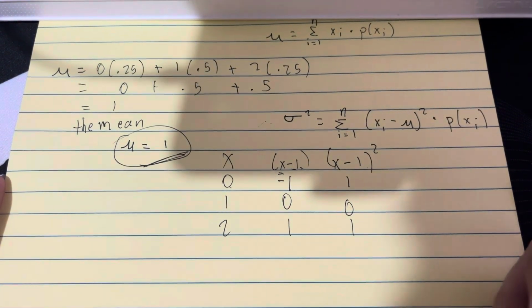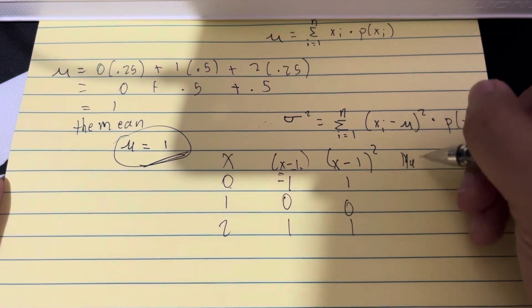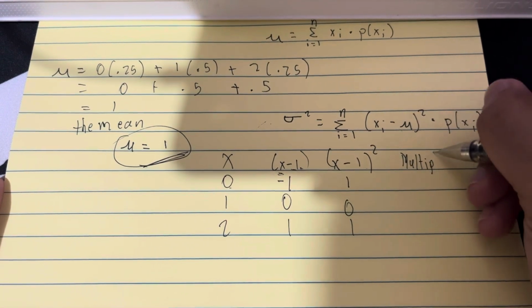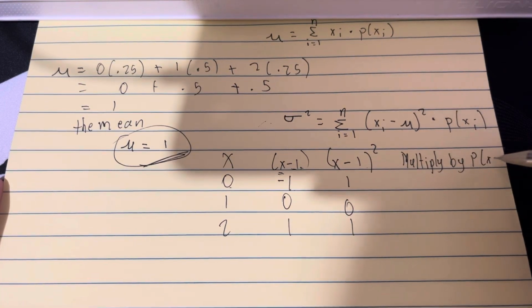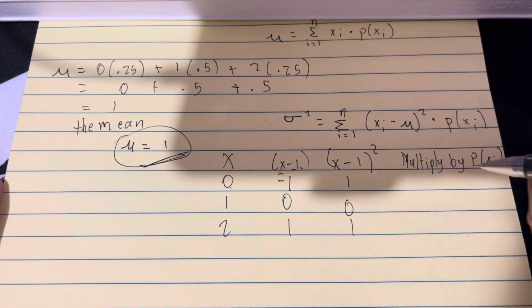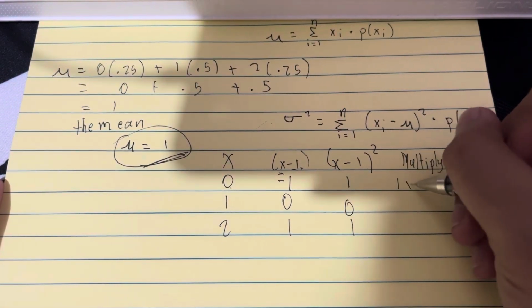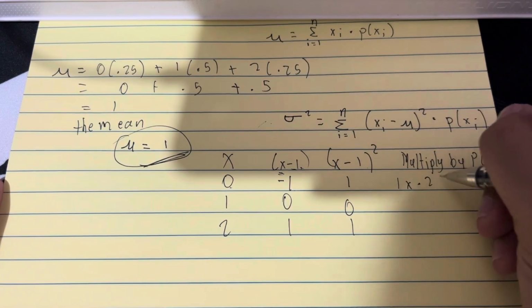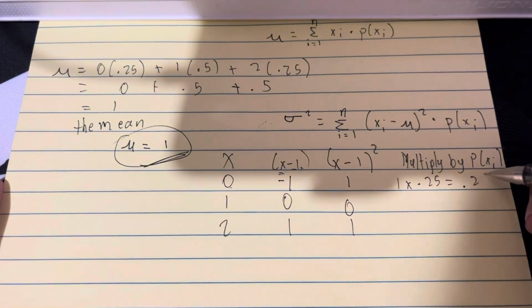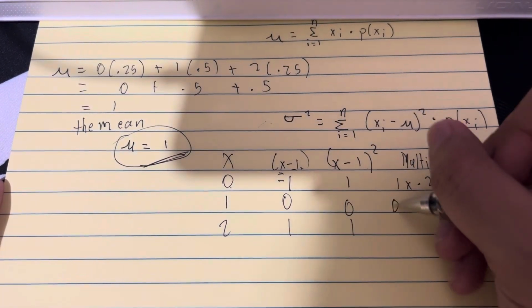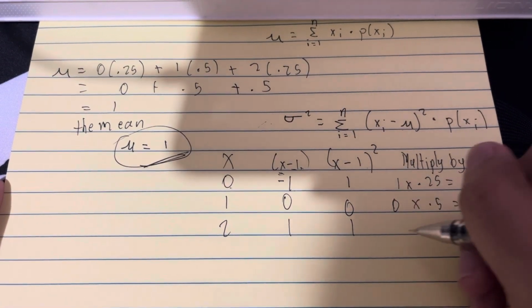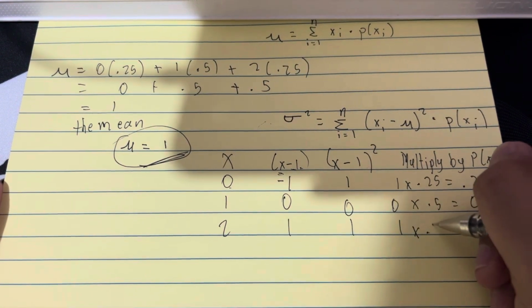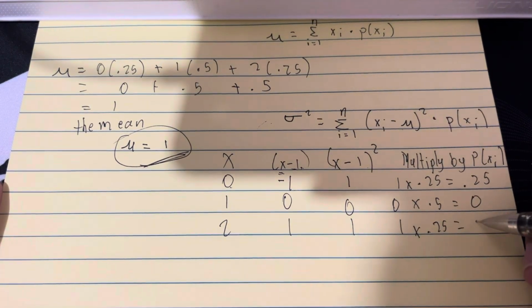And then after that, we multiply by p of x. So it's just 1 times 0.25, which is 0.25, and then 0 times 0.5, which is 0, and then 1 times 0.25, which is 0.25.